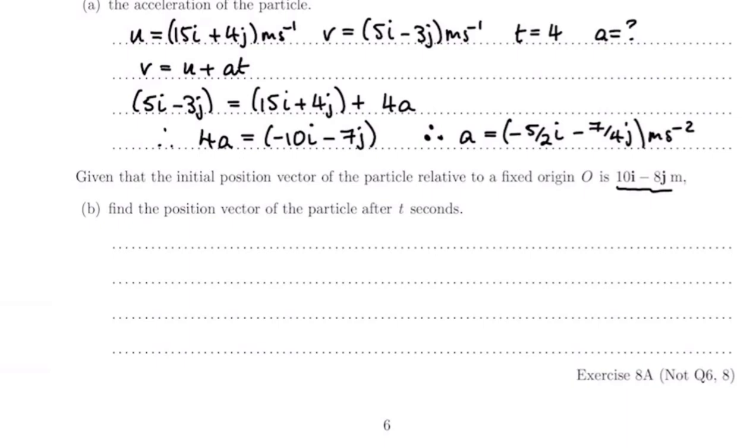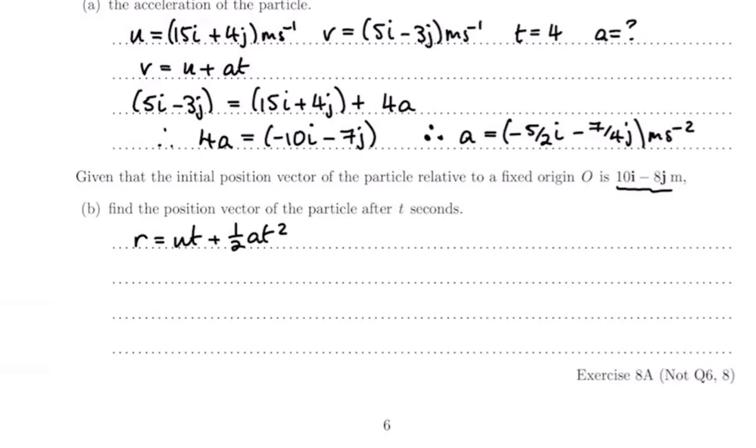Now you've got to be very, very careful. Everything that we have done so far has been from a starting point. So we've got r equals ut plus a half at squared.